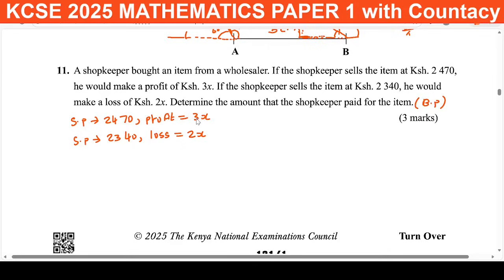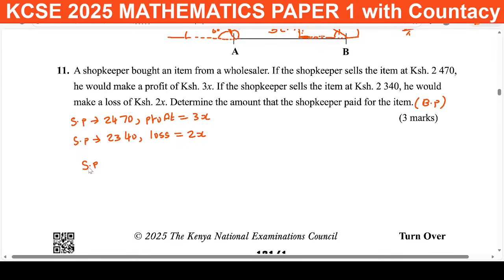But now we have to ask ourselves, how do we get the profit? Therefore, that would imply for this person to make a profit, I hope that you get this right, for this shopkeeper to make profit, then that would imply that the selling price, this is the price that he is selling that item, it is higher than the buying price.